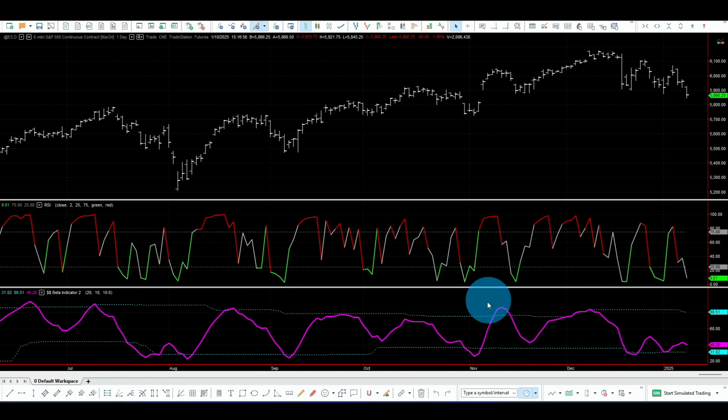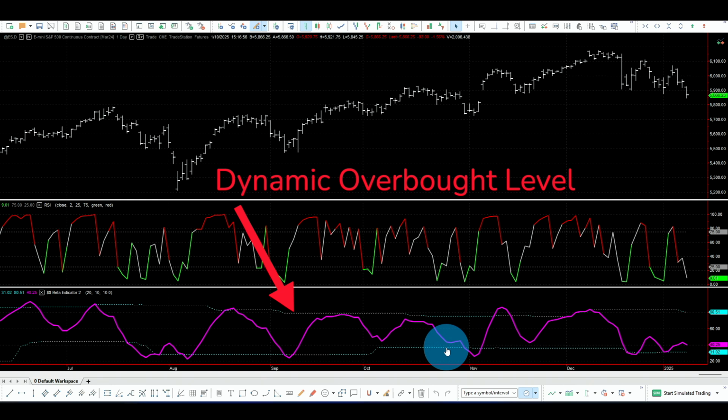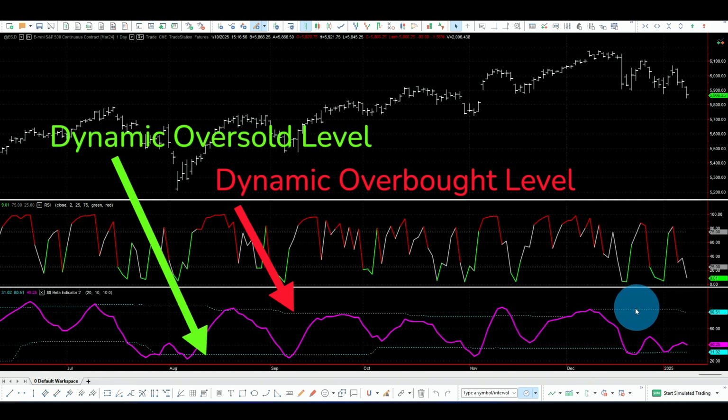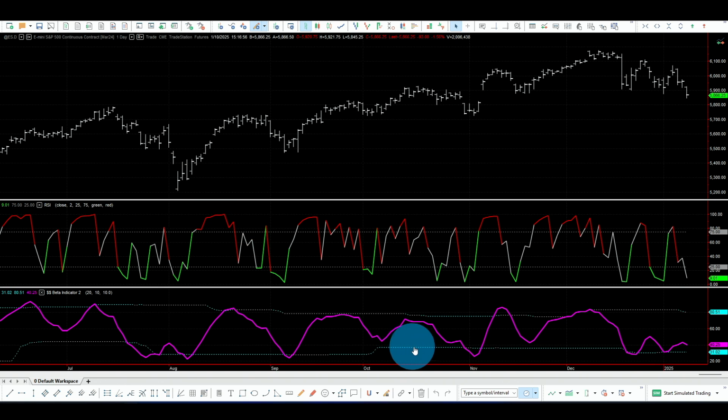With the Cyclic RSI indicator, the indicator uses market cycle to dynamically adjust the overbought and oversold levels. So as you can see here, the upper overbought level is changing all the time depending on the market cycle. Also, the lower channel, which is the oversold, again, is adjusted dynamically depending on the market cycle.